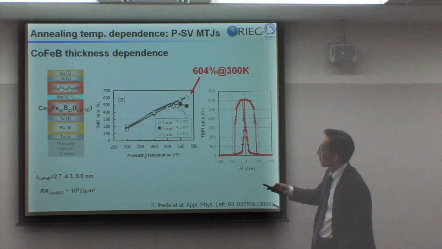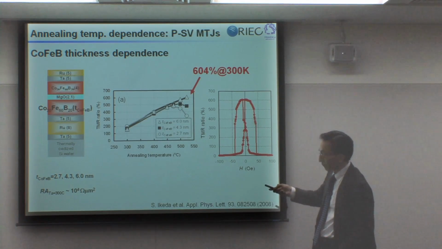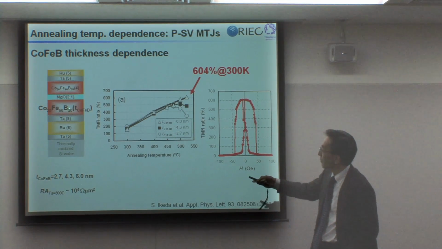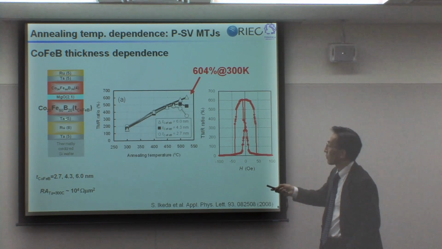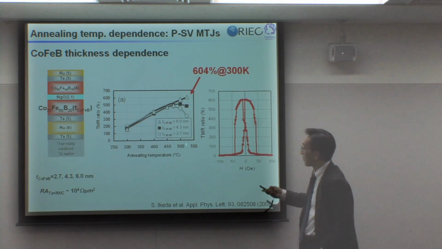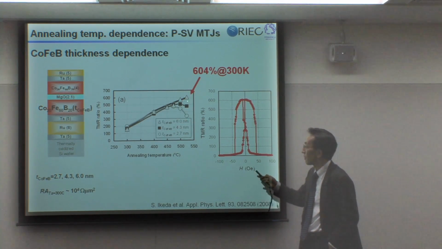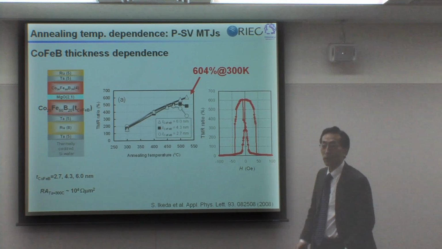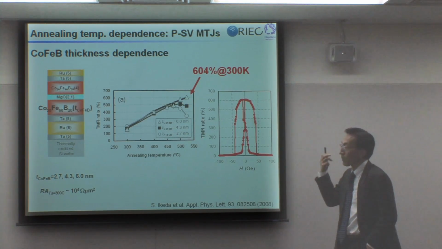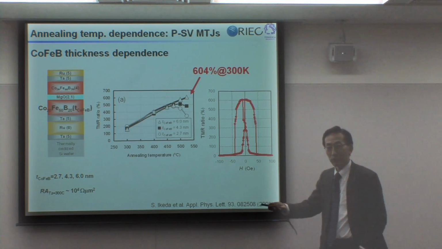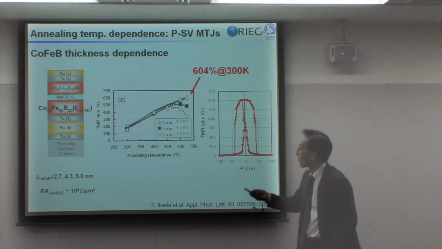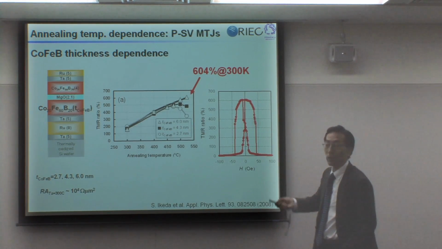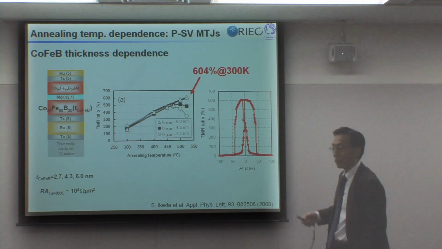To show that tantalum is doing something detrimental, we made this cobalt iron boron layer thick and reduced the tantalum diffusion, and we have shown that even at a very high annealing temperature, we can get 600%. Although this is not exactly the structure we are going to use for integrated circuit applications, this shows clearly the potential of the structure that we are dealing with.